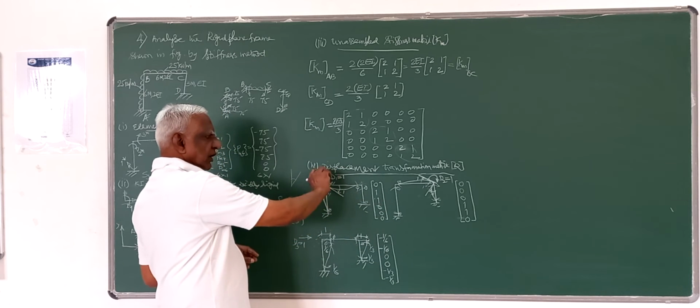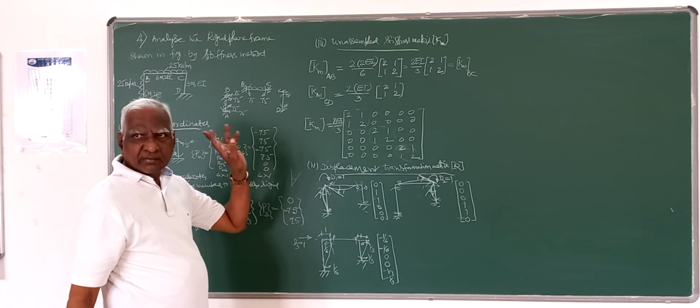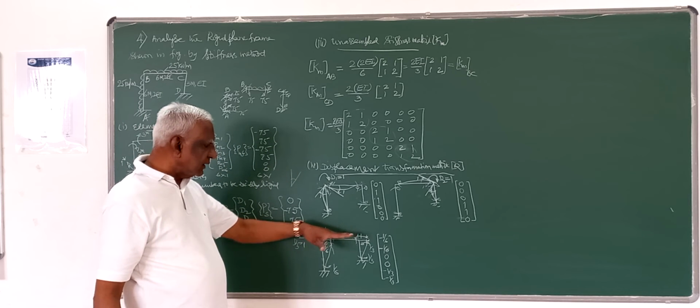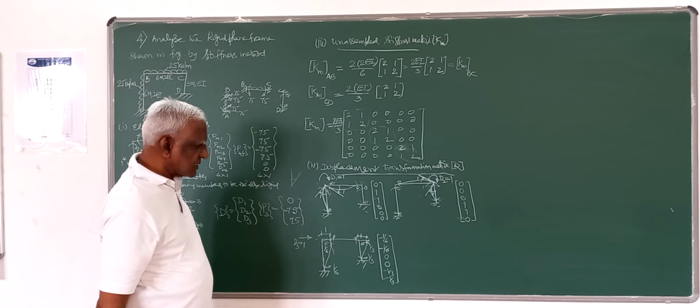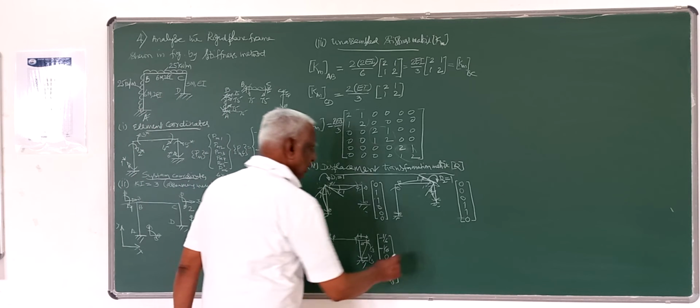Here, no problem, whatever rotation is given, we have taken straight away. Here, due to rotation and translation, I have to work out what the rotatory displacement is. That's something you have to remember.